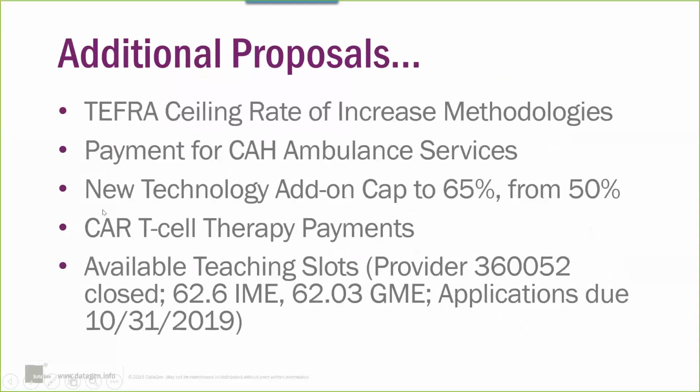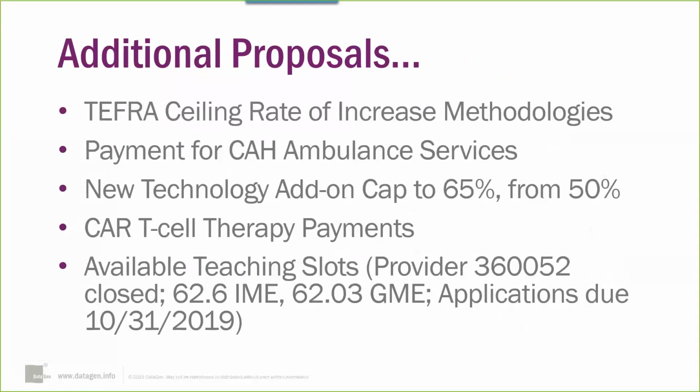Some of the additional proposals that CMS included is a proposal to exclude ambulance services that are not authorized to transport to a critical access hospital from the 35-mile criterion that calls are subject to in order to be paid 101% of costs rather than the ambulance fee schedule.